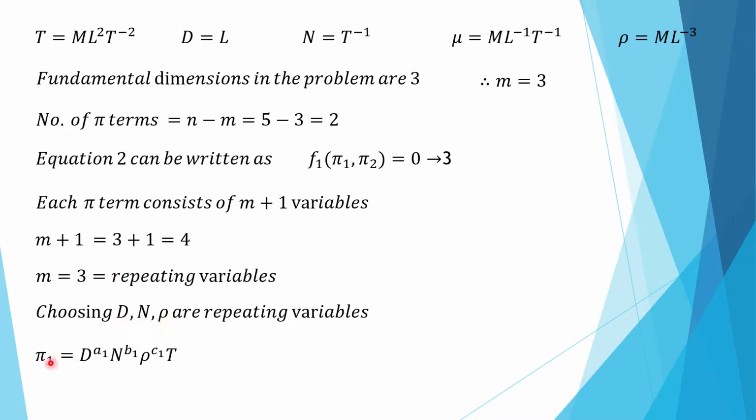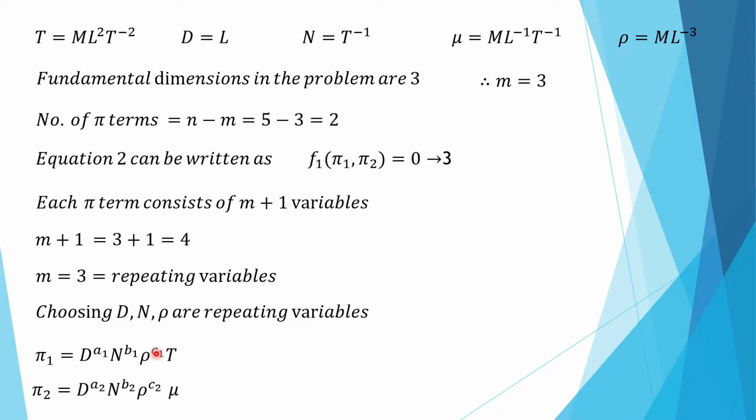So pi 1 term will be equal to d power a1, n power b1, rho power c1, the 3 repeating variables, and the fourth term is T. And similarly, pi 2 is equal to d power a2, n power b2, rho power c2, and the fourth term is dynamic viscosity mu. Now we are supposed to find the values of a1, b1, c1 and a2, b2, c2.